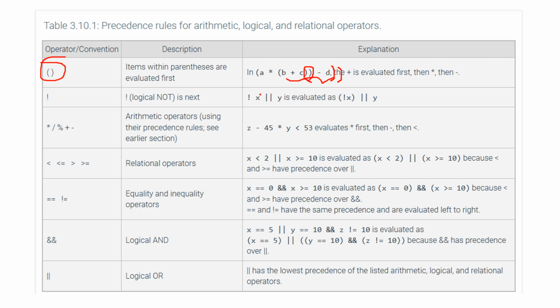Later on, the whole result will be multiplied with a here, and we are going to get the result. But this is not what we wanted, so parentheses always have the higher priority. So b plus c is calculated first, and then it's multiplied by a, and the whole thing will later be subtracted from d.